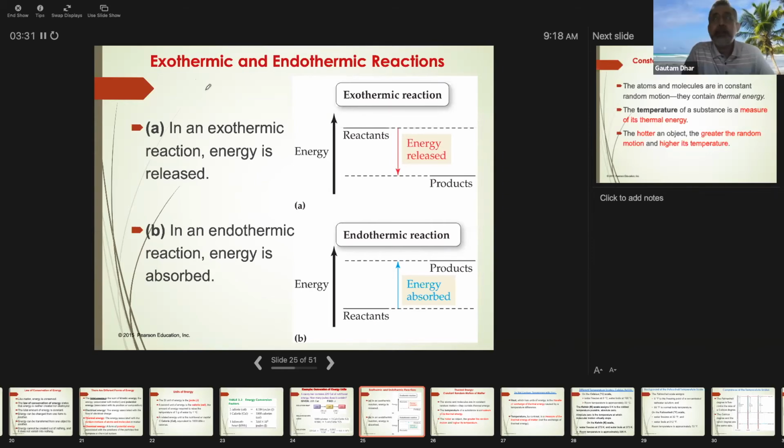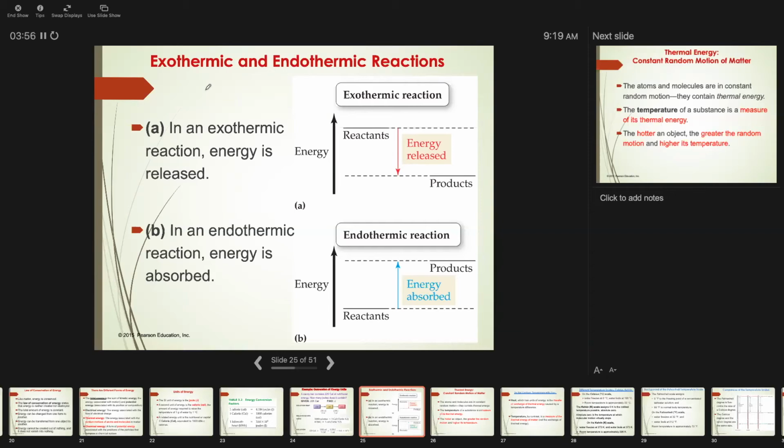Correct, because energy is released, you get heat, so it's exothermic. On the other hand, let's say melting of ice. Is it exothermic or endothermic? Endothermic, because heat is absorbed, absorbing the energy.